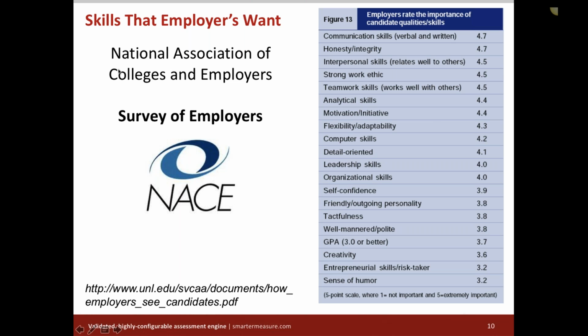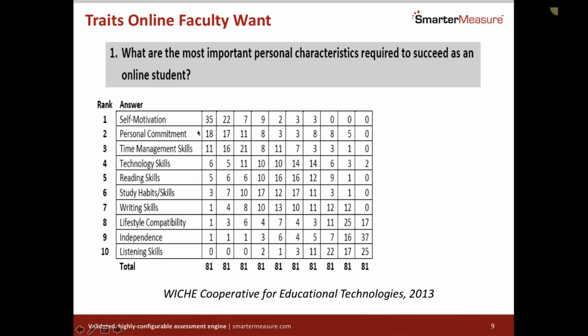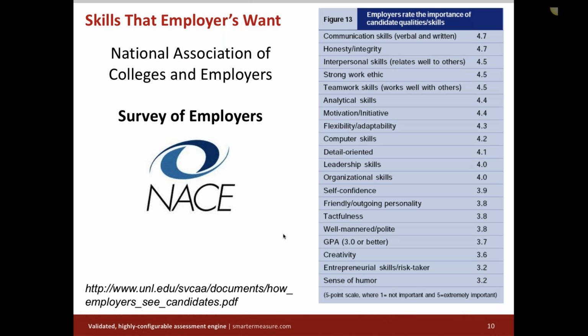Do we lump together traditional and non-traditional students in this data? That's a good question, Piper. In the WCET slide, this would be online. But with SmarterMeasure, it is content or instructional delivery method agnostic.